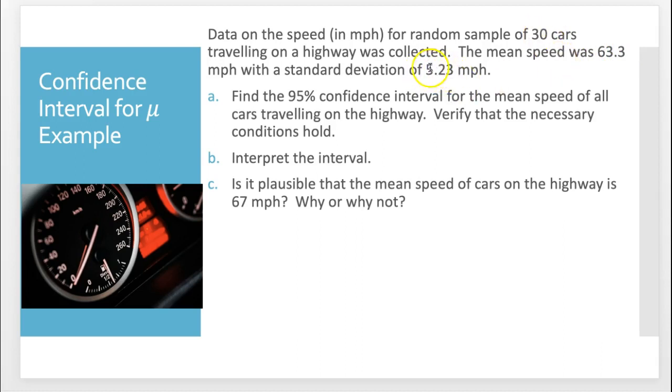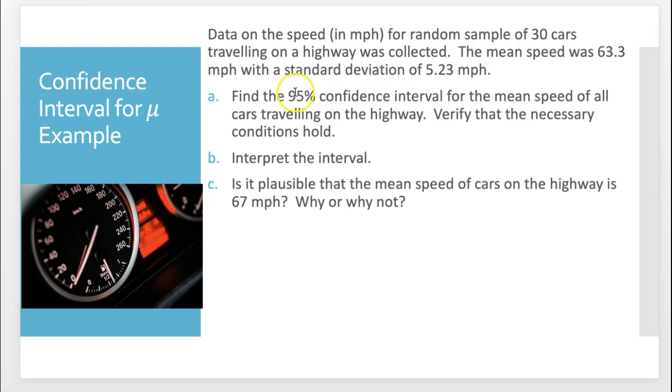And this standard deviation, 5.23, is the standard deviation of the sample of 30 cars. So this is x bar, the sample mean, and this is s, the sample standard deviation, and n is our sample size. Whenever they give you the sample size first, then these numbers, typically these are statistics or estimators, right?